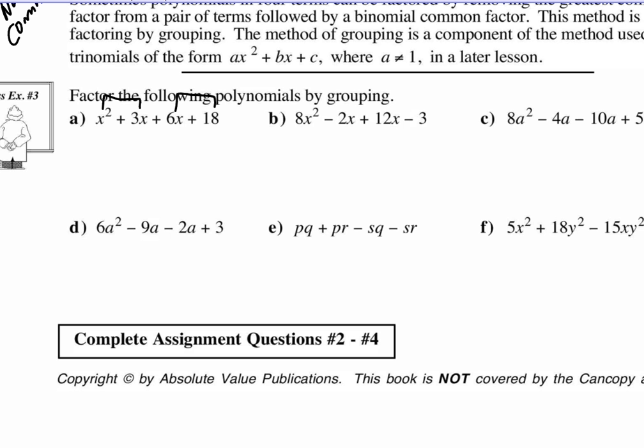So x squared and 3x, what's a common factor? x. Factor that out, we're left with what? x plus 3. Okay, the second two, what can I factor out of both of those? 6, and we have to write plus 6. Okay, because there was addition there.